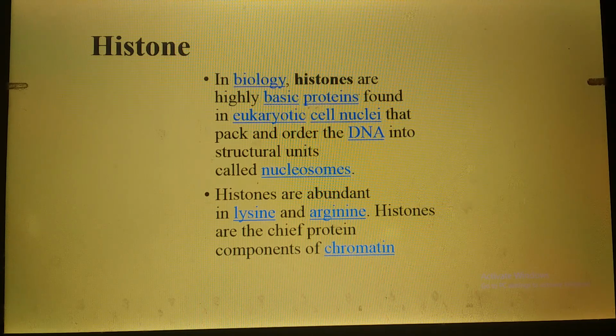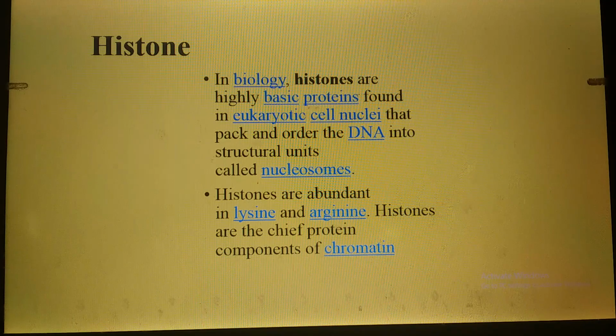The functional unit in the nucleosome is the DNA, the genes, and histones provide the structure and stability to that DNA, that is, to the chromosomes. So these are structural proteins. Histones are abundant in lysine and arginine, 2 types of amino acids present in the histone protein. Histones are the chief protein component of chromatin.